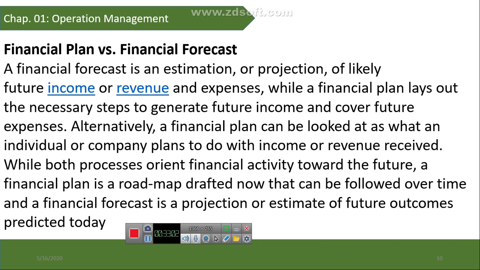For an individual, a financial forecast is an estimate of his income and expense over a period of time. Based on the forecast, the individual can then construct a financial plan that includes saving, investing, or planning for obtaining additional income to his personal finance, as well as anticipating the expenditure that would arise.